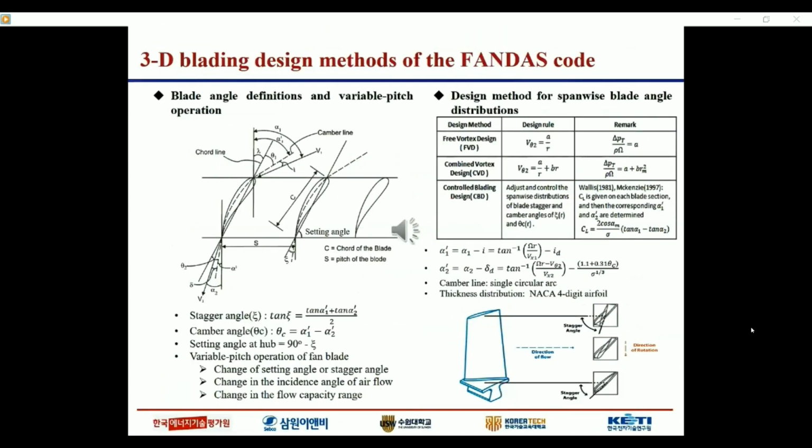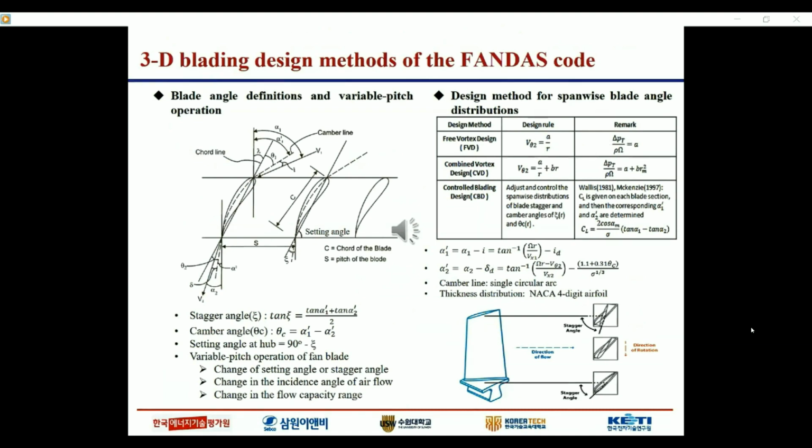In this slide, I'm going to introduce three blading design methods of the FANDAS code. We have three design methods to determine the tangential velocity or the outlet angle alpha 2 of blade section: free vortex FVD, combined vortex CVD, and the controlled blading design CBD method.